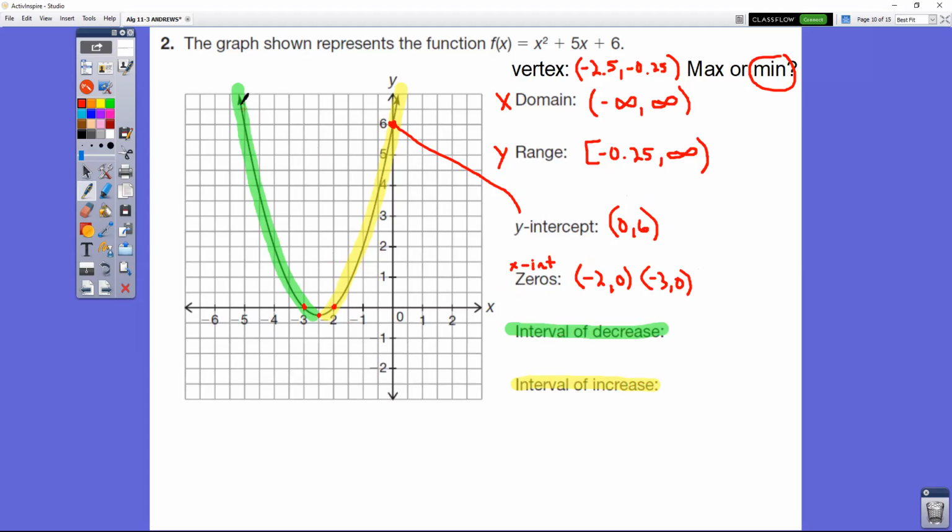Interval of decrease goes from here all the way down to negative 2.5, so this would be negative infinity to negative 2.5. The interval of increase starts at negative 2.5 and goes to infinity. So your homework questions today look just like these.